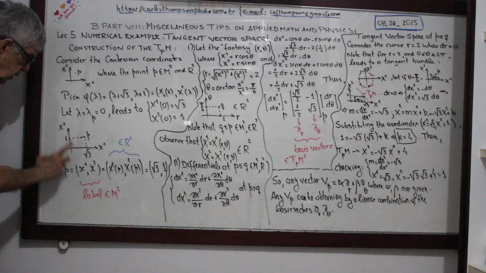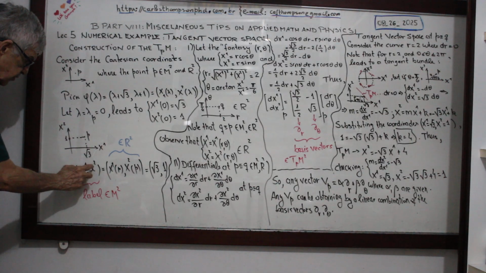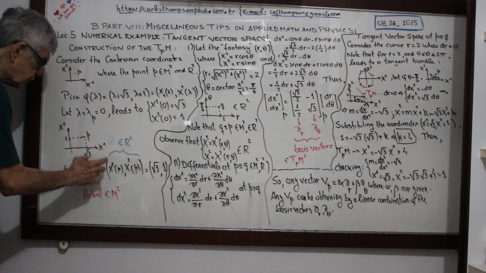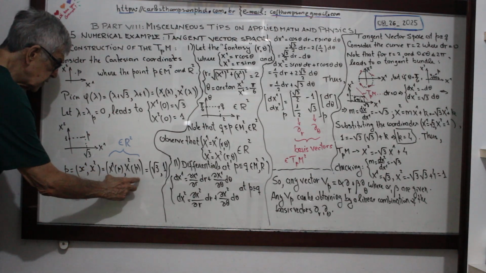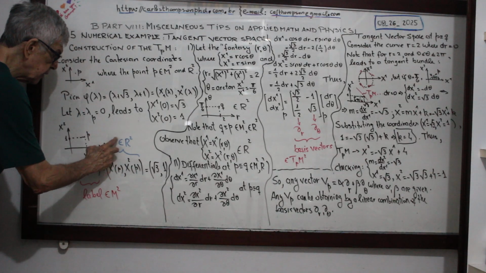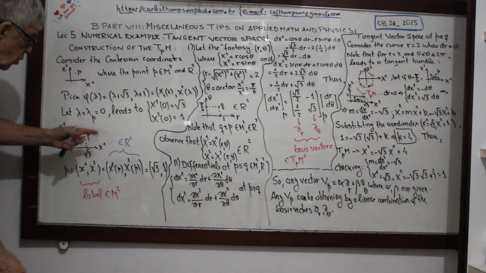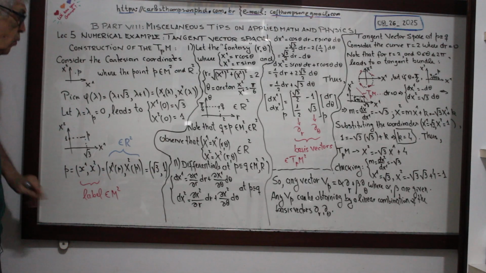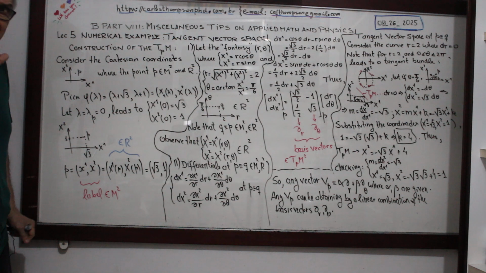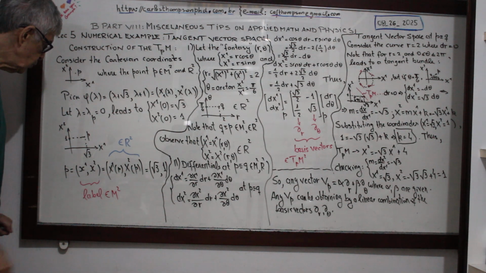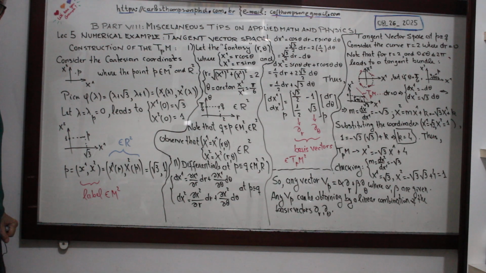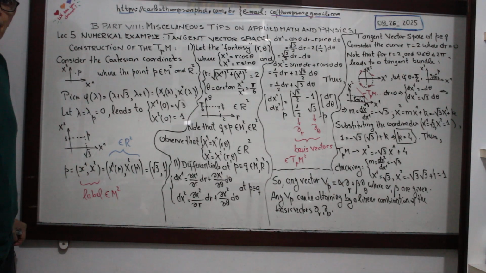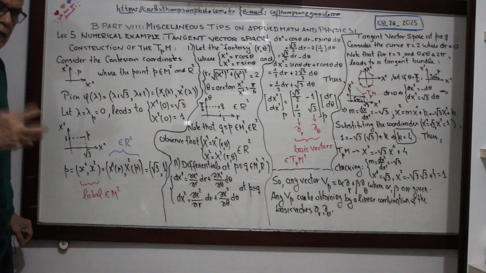Point P, x1, x2, the small x, has a label which corresponds to these points over here, which belong to the Cartesian coordinates, square root of 3 and 1. So look, I can't do any calculation using x1 and x2 because they are just a label.